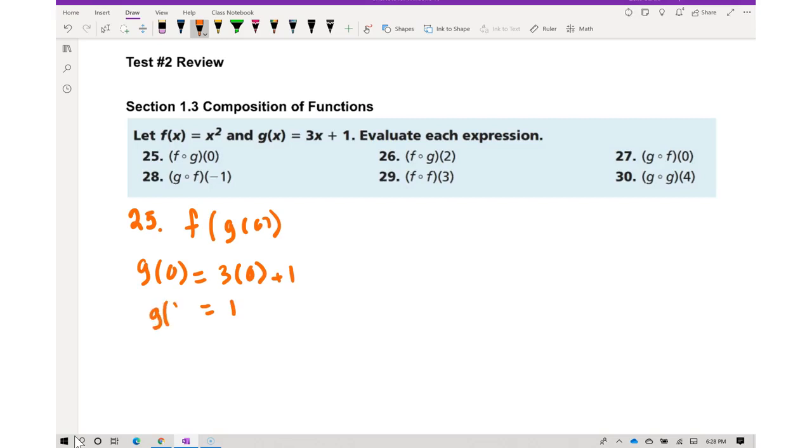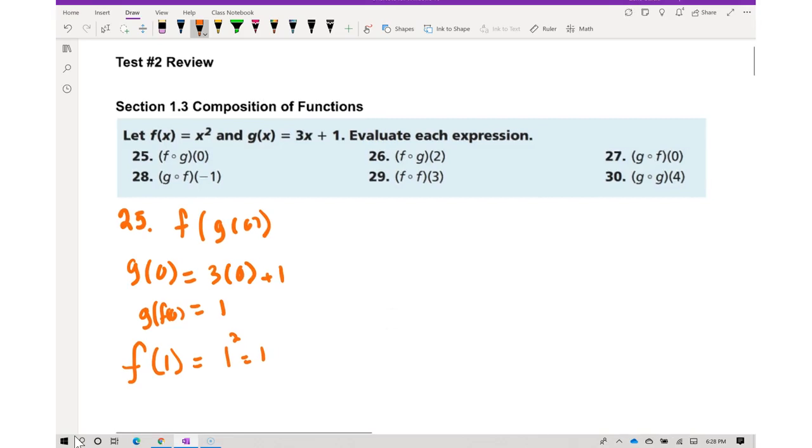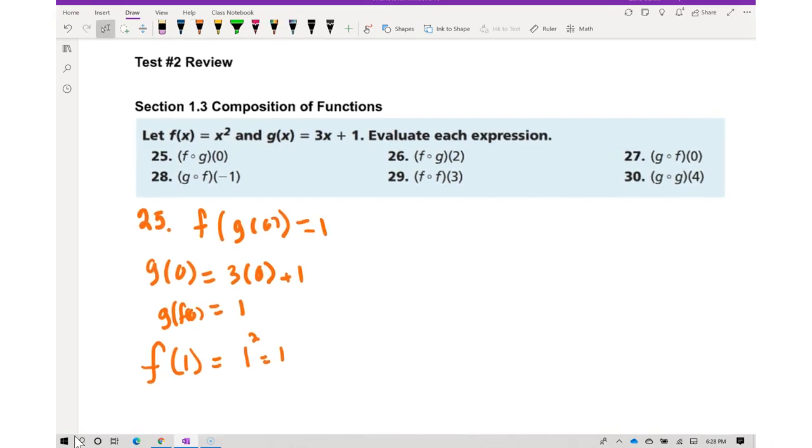So we know that G of 0 is equal to 1. Now we got to figure out F of 1. So F of 1 is going to be 1 squared, so it's 1. So we know that F of G of 0 is equal to 1.